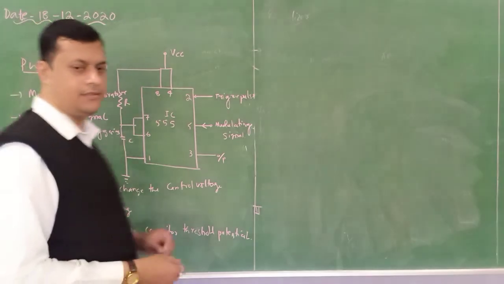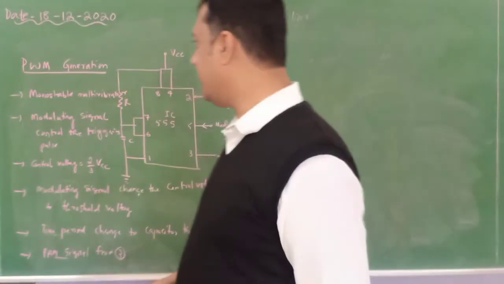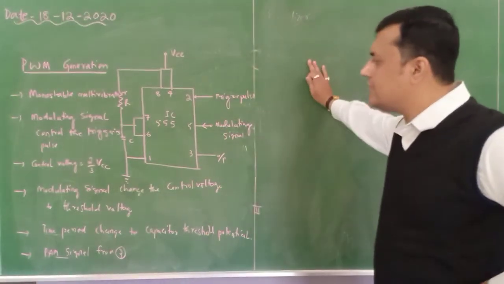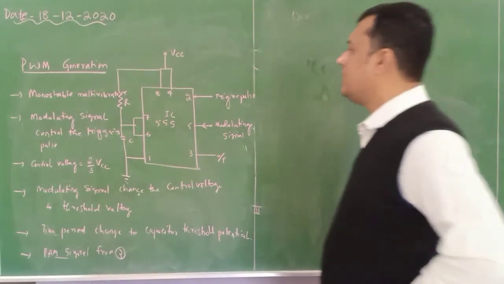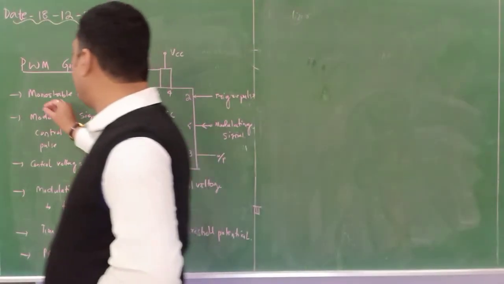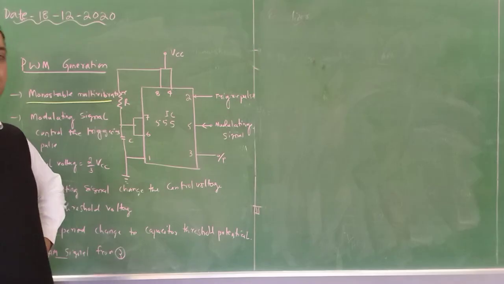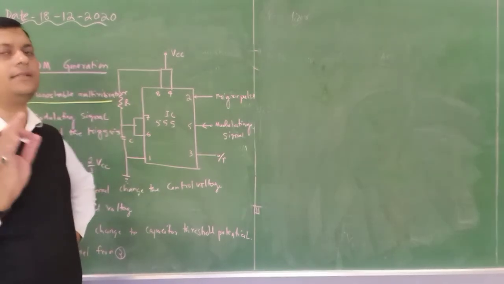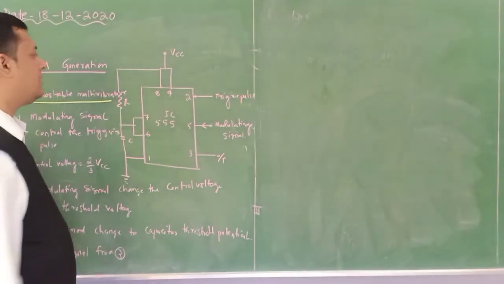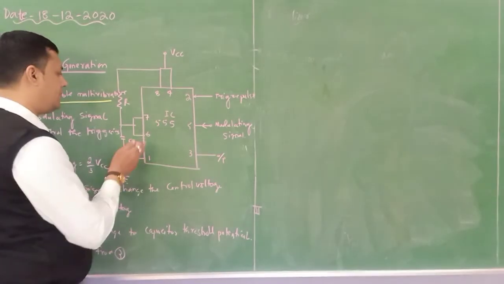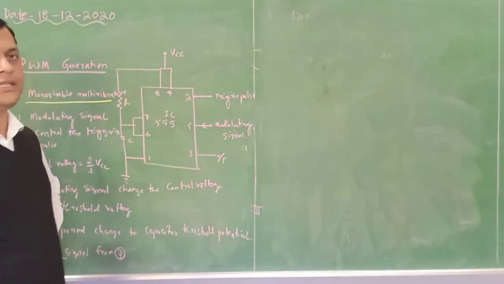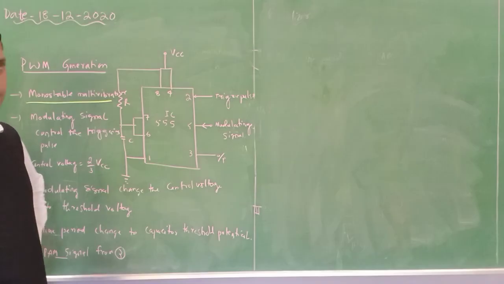Now here you can see this configuration, that is a 555 timer which operates in a monostable multivibrator mode. Monostable multivibrator means it can operate in only one stable mode. Here from pin number 3 we will get the output.